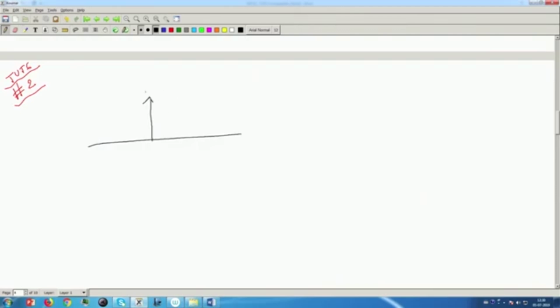We know, let us say, the signal S(t) is this: this is 0, this is A, this is minus tau by 2, this is plus tau by 2. So, I can easily draw what will be S of minus t.